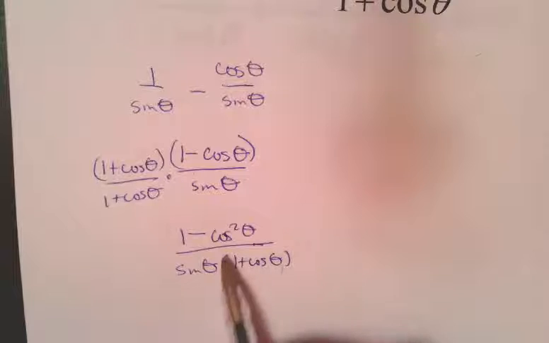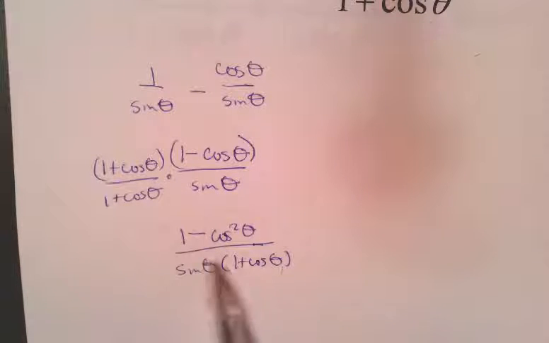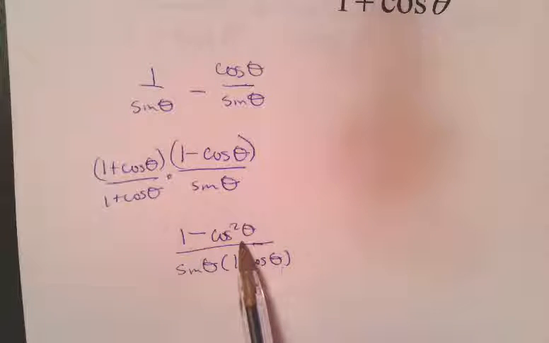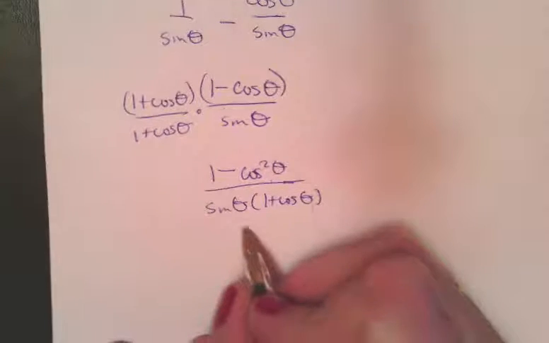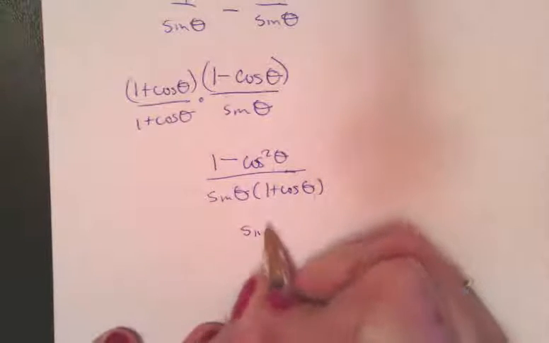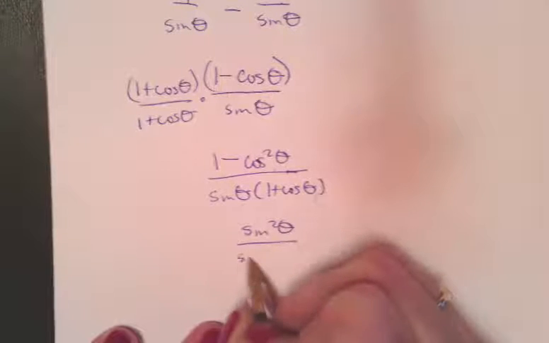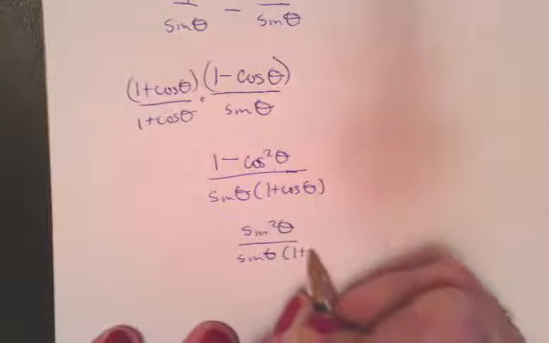All right, now what? Okay, so we did a little algebra there, looking ahead of where we want to get to. Now I see that I have 1 minus cosine squared. Oh, that is a Pythagorean identity. 1 minus cosine squared is the sine squared. So I'm going to replace that. That's a trig step.